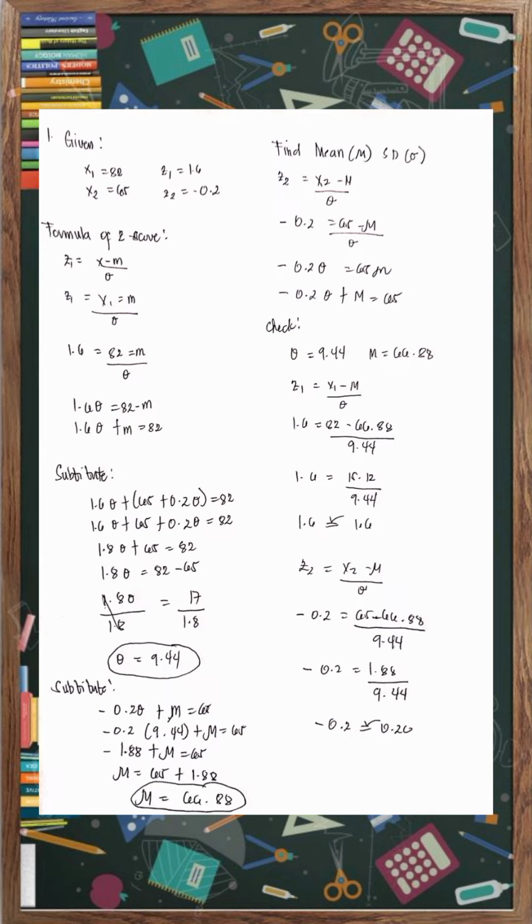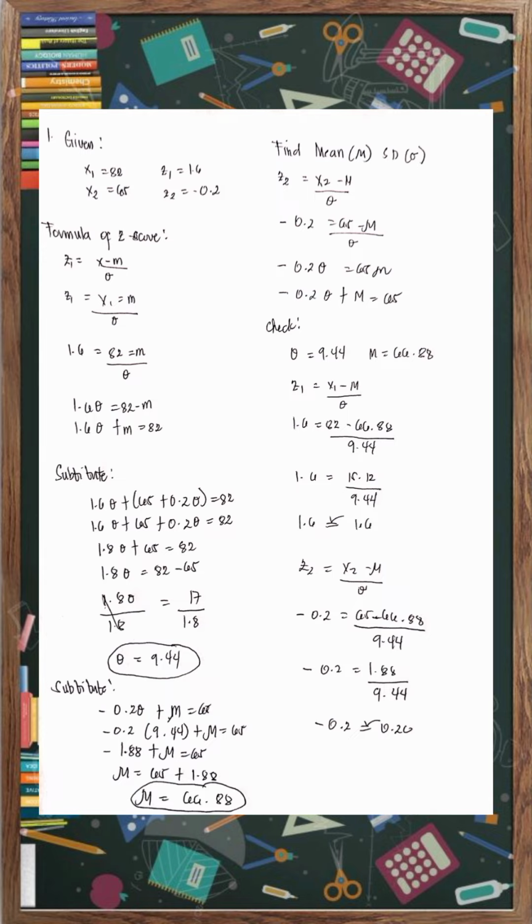So, ang 1.6 ay check siya sa 1.6 dahil ang 15.12 kapag i-divide natin sa 9.44, ang magiging sagot niya ay 1.6. Kaya tama ang nakuha natin sa standard deviation na 9.44.